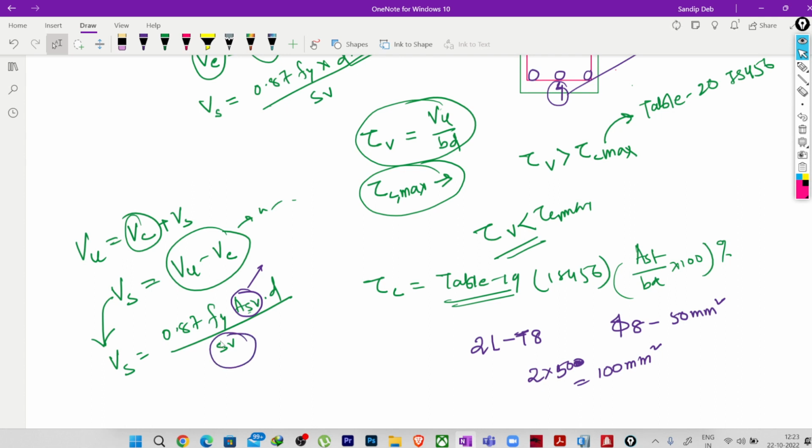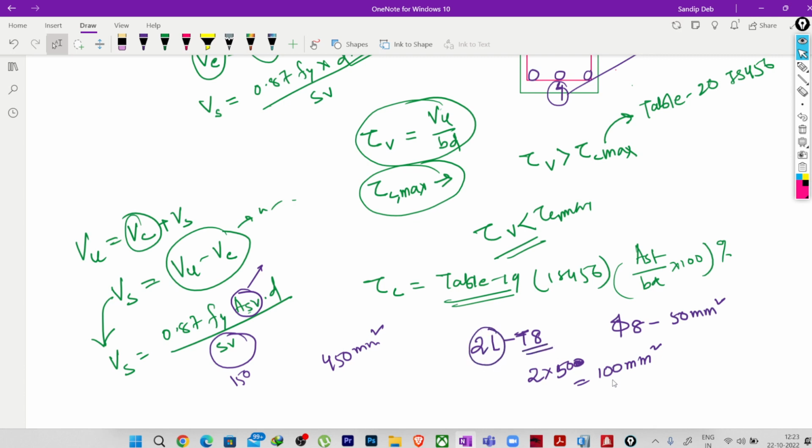You can find out the spacing required, or you can put some spacing here, suppose 150 mm spacing. So if you want to provide 150 mm spacing, what is the area of reinforcement required? Suppose my area of reinforcement required is 450 mm square per meter. Now you decided to provide two-legged 8 mm dia bar.